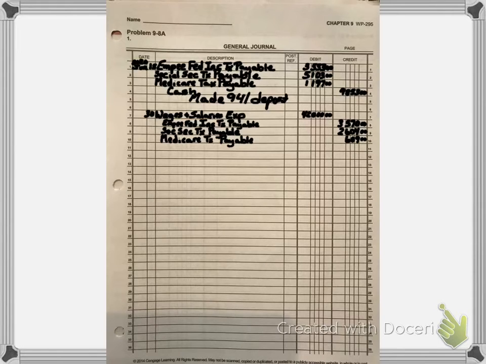Then we're going to credit savings bonds payable for $1,225.